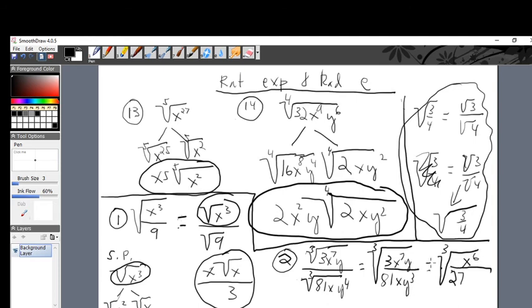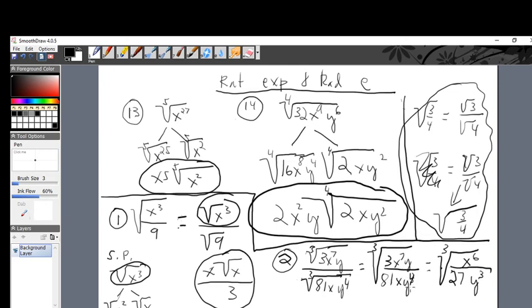And y over y^4. I apologize, it's y^4, not y^3. The problem started out as a 4, and I was supposed to have written a 4 here.